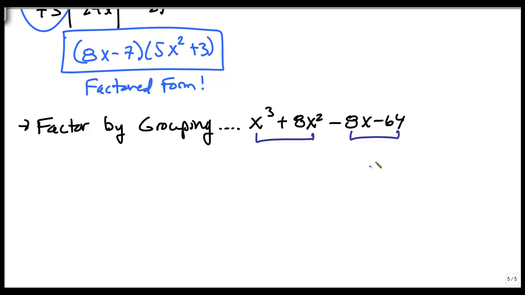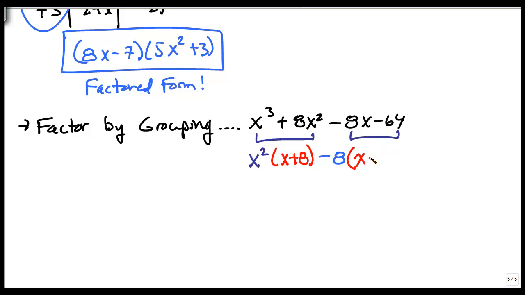I have two groups here. Greatest common factor in my first group is x squared. I'll be left with x plus 8. This is interesting. Okay, if you notice I have two negatives. So there's a negative that's common here and an 8 that's common here. If I factor out a negative 8, I'll be left with a positive x.